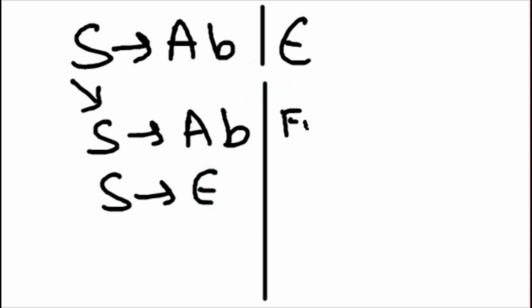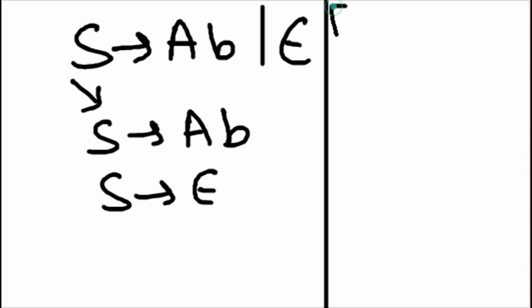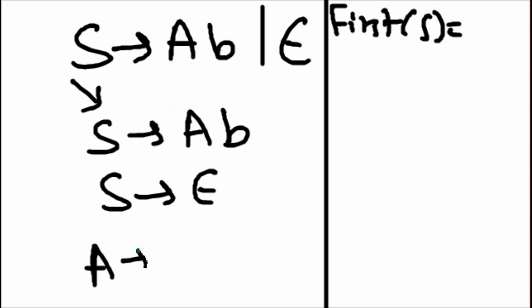Now you have to find first of S. First of S is first of A. Now what is first of A? In the question they will give you something like first of A is small a.